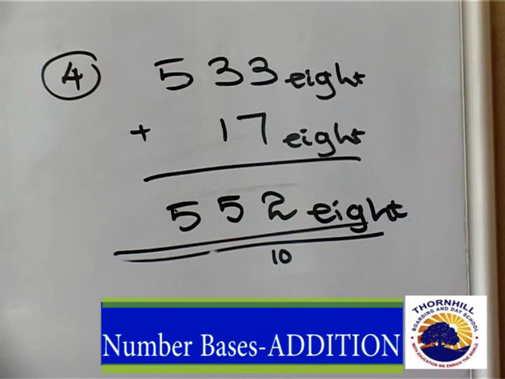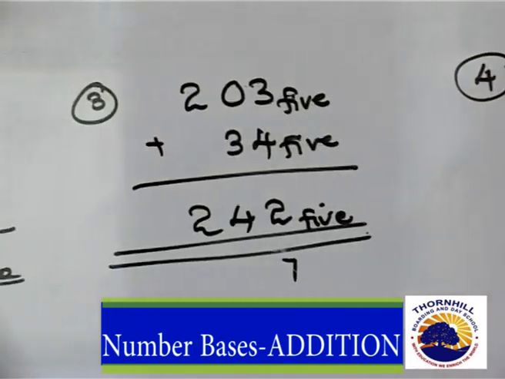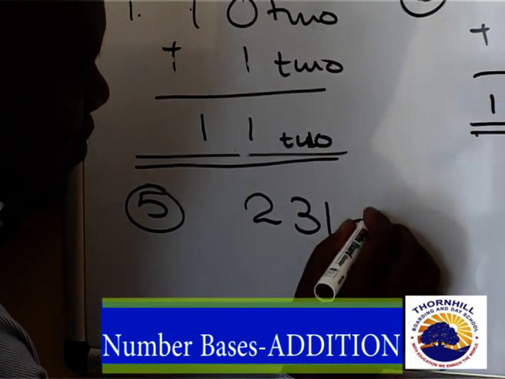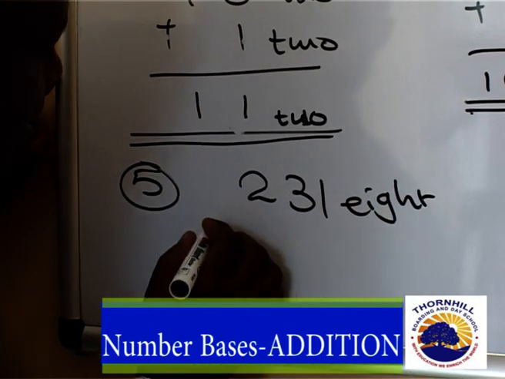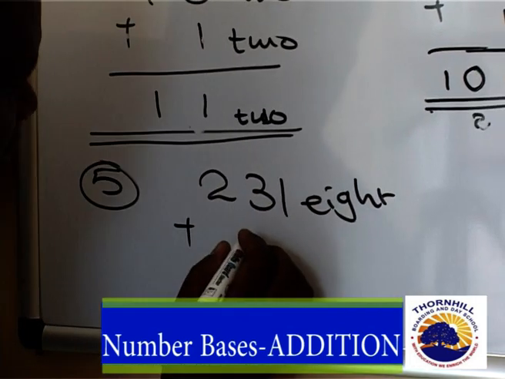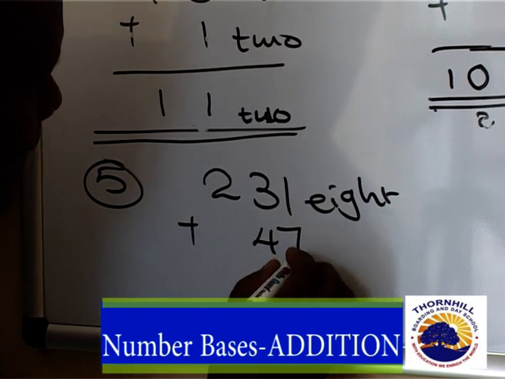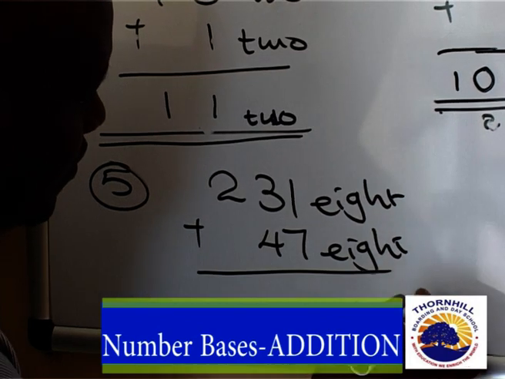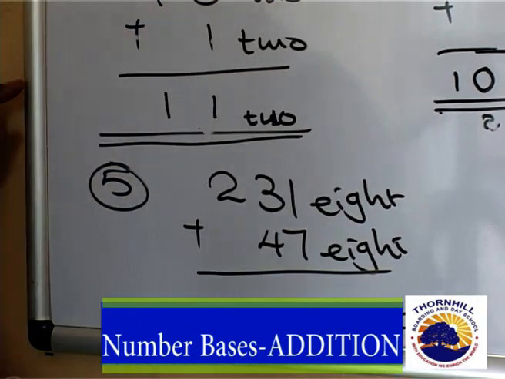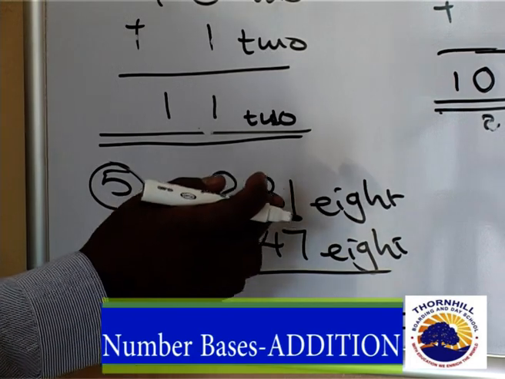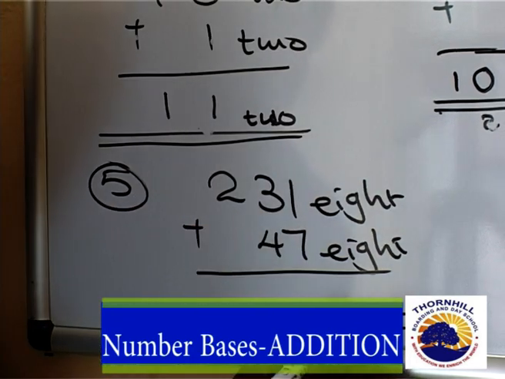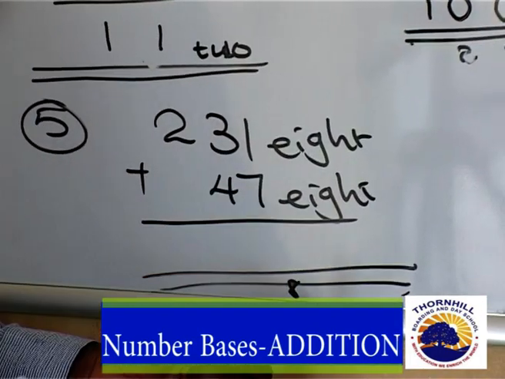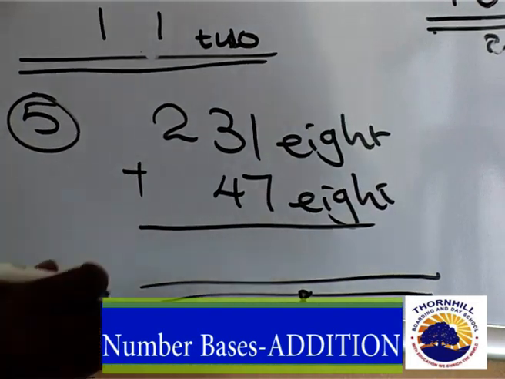Then the last one, which is the bonus one, we say 231, base 8. We add 47, base 8. We add 7 plus 1 gives you 8. And now this is base 8, there is no 8. So we say, how many times can 8 go into 8? One time. What's the remainder?